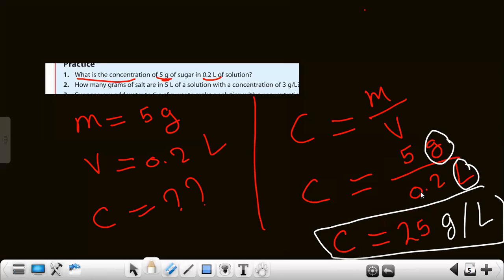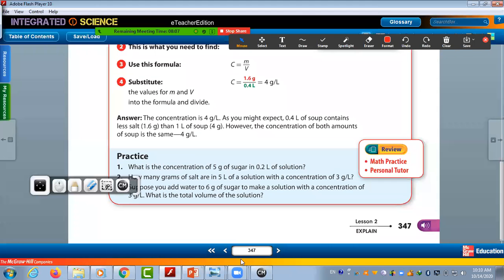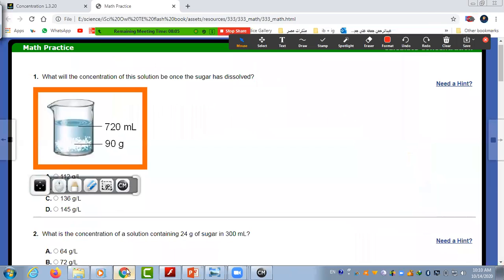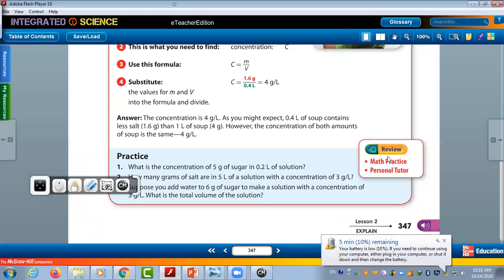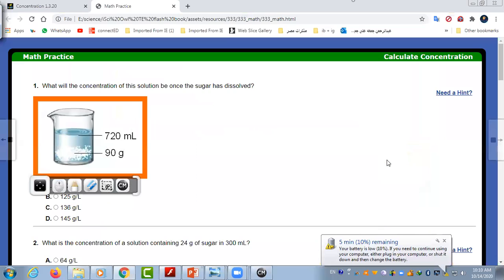Okay, Shabab. Before we finish our period, if you look at McGraw-Hill, you will have a math practice. All of you have this one. I'll open it for you again to see how it pops up. If you press on math practice, you will have this sheet.